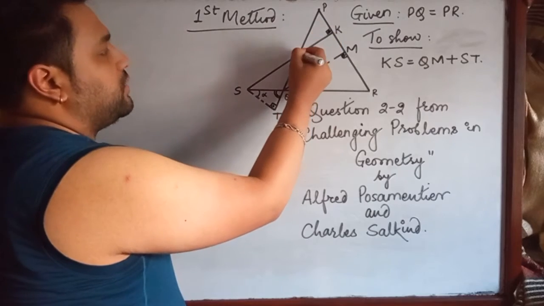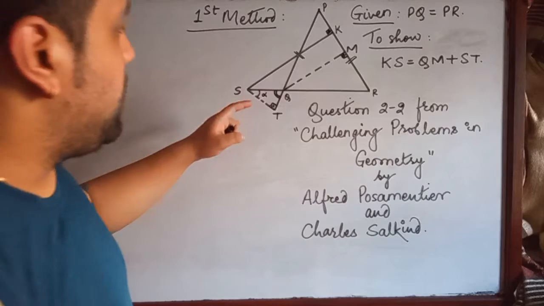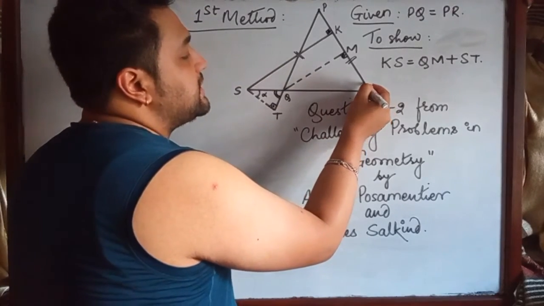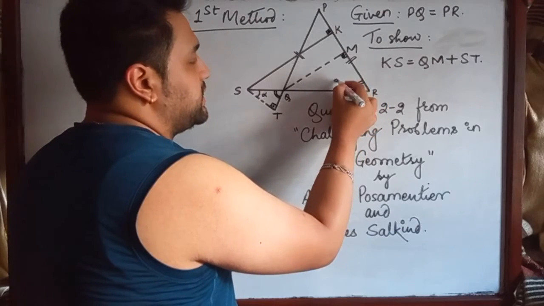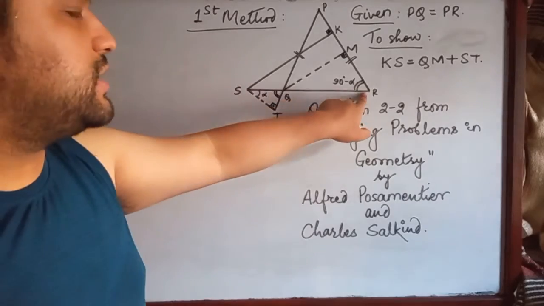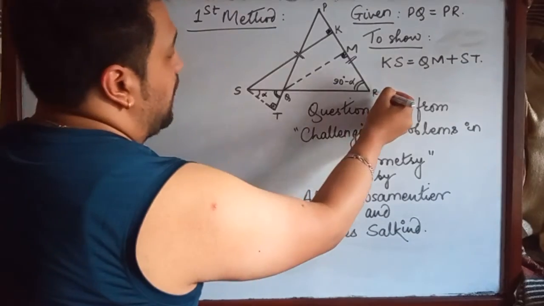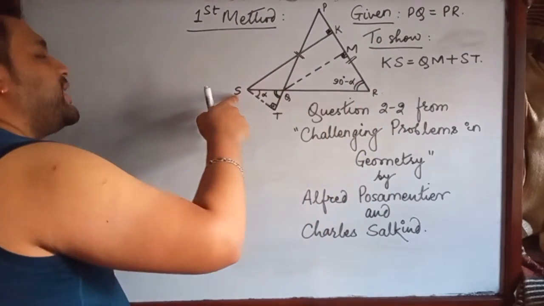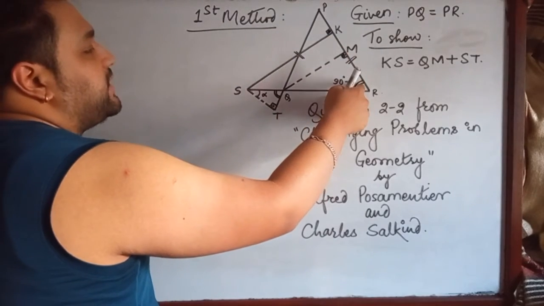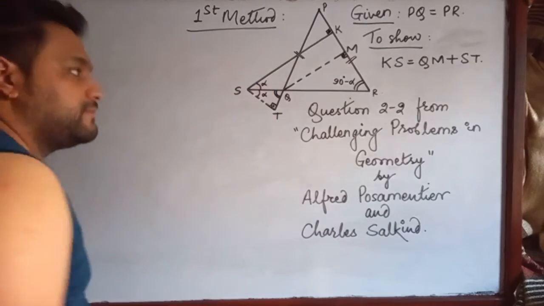But we have PQ equal to PR, and so since this is 90 degrees minus alpha, this angle is also 90 degrees minus alpha. And from right angle triangle SRK, since this is 90 degrees minus alpha, this angle will be alpha.